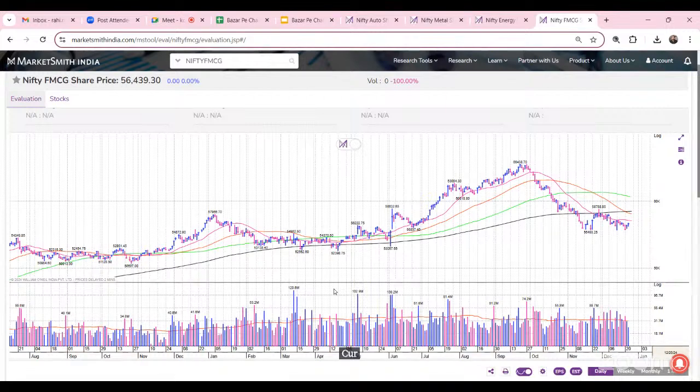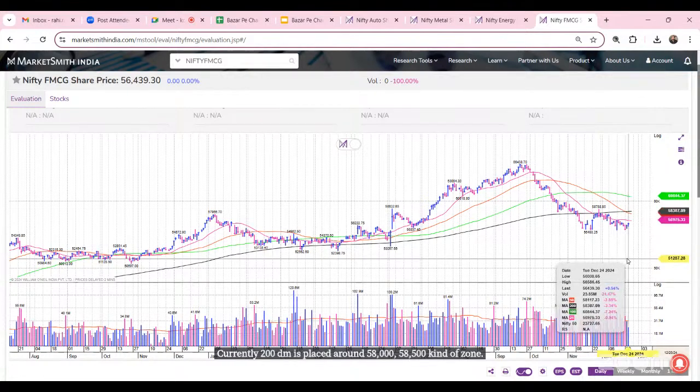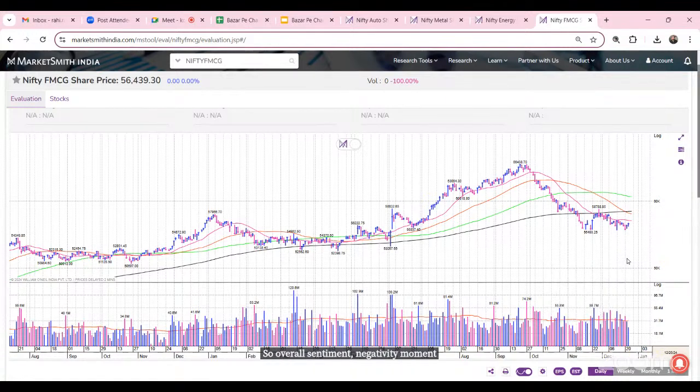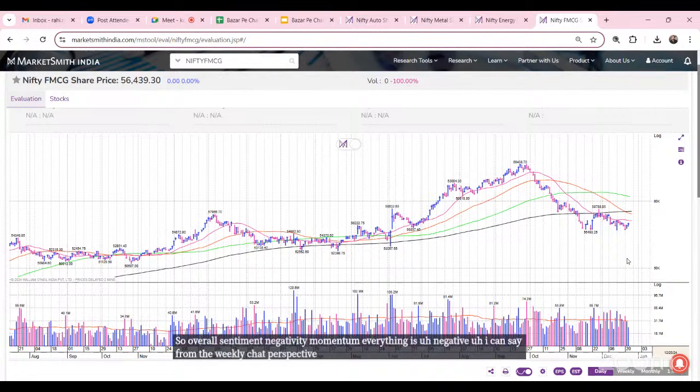Currently, the 200 DMA is placed around 58,000, 58,500. So overall sentiment, momentum, everything is negative. From the weekly or daily chart perspective, the correction has already happened.